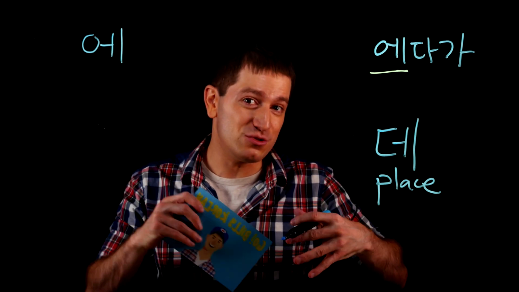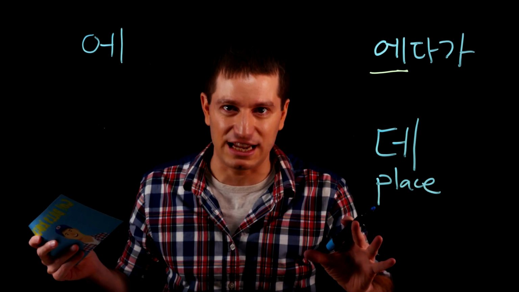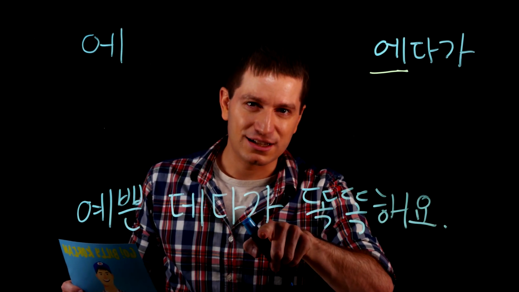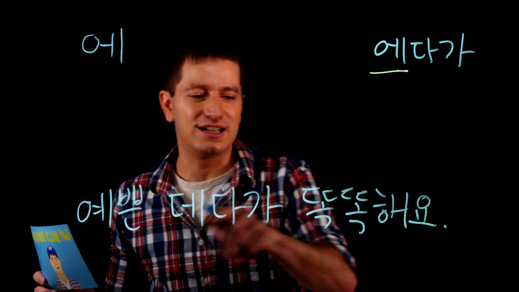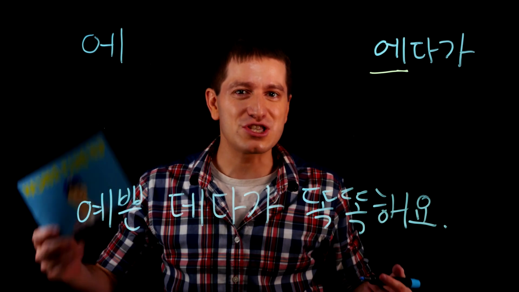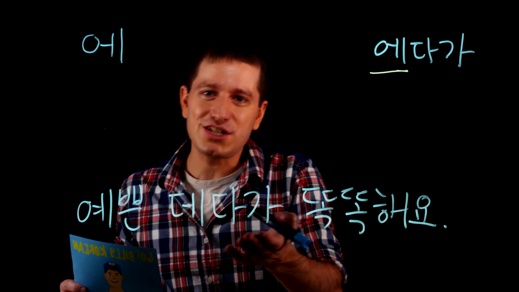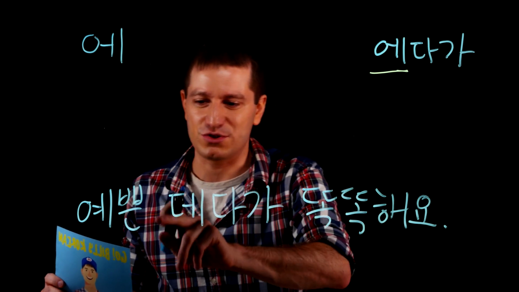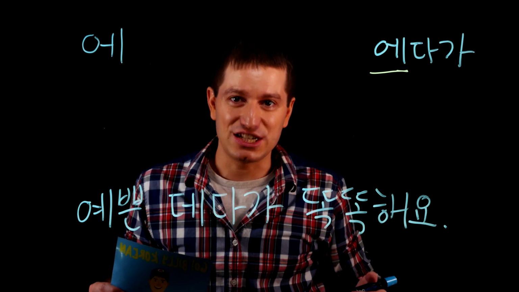It can also be used in the same conjugation as the regular 데 form, but it's not the same thing. Let me give you an example. 예쁜 데다가, so in addition to being pretty or on top of being pretty, 똑똑해요. She's also smart. Notice the conjugation is the same as the 데 form, but there's a space. Or she's pretty and she's smart.